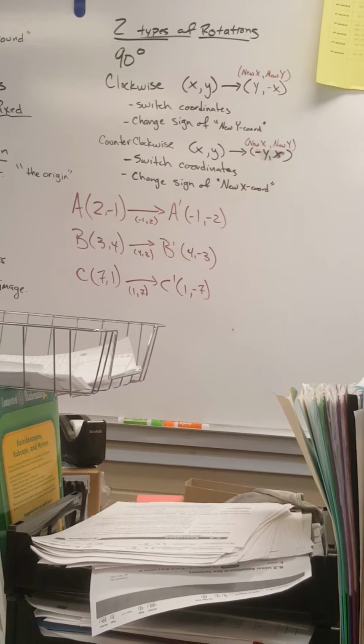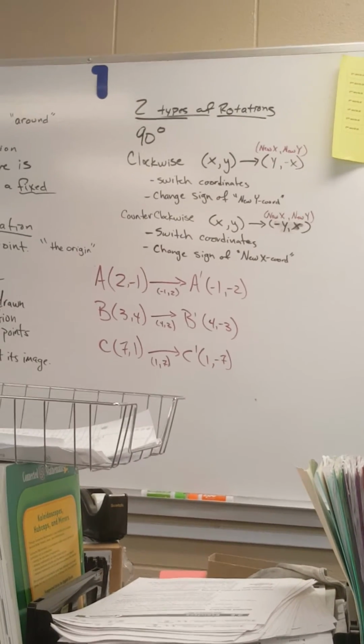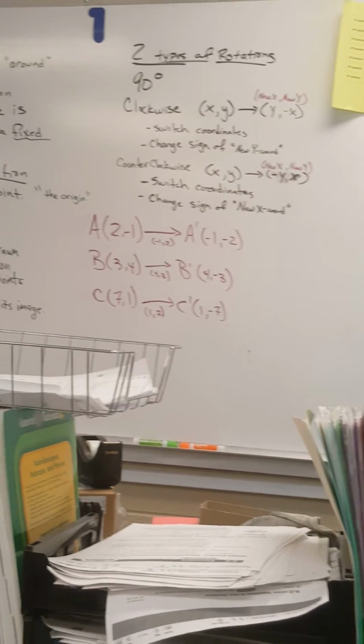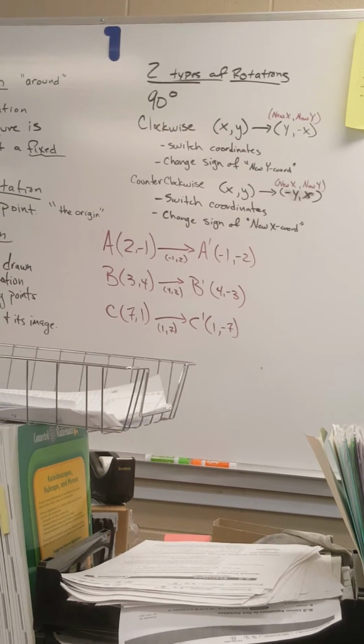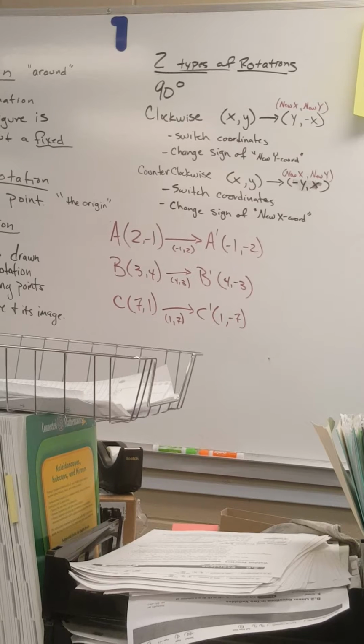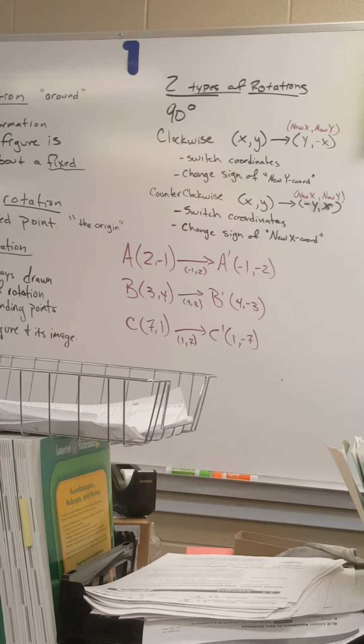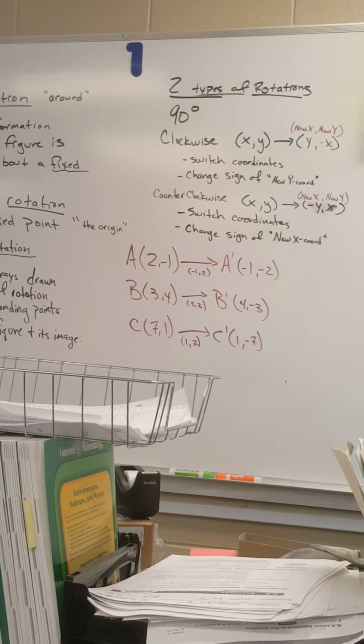Again, all we're doing is switching the coordinates and changing the sign of whatever the new Y coordinate is going to be, or the new Y, however you want to look at it.